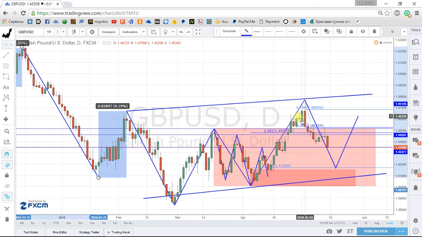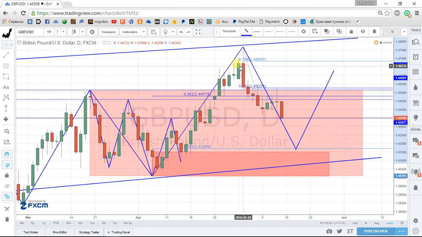We didn't have a very good violation to the upside above this impulse. Look at this candle. Is it a good bullish candle? How do you know? If we have a spike to the upside larger than the spike to the downside, then this bullish candle is losing its momentum.